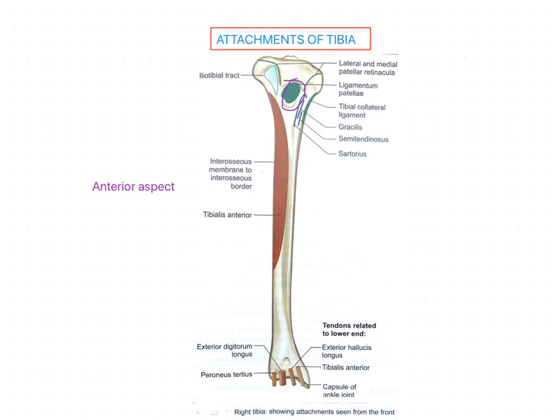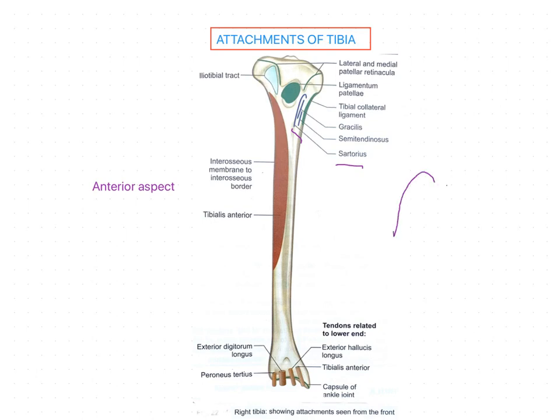If you see the insertions on the medial aspect, here you can see three insertions. We'll see from the anterolateral part to the anteromedial side. The first one is the Sartorius. It appears like a hockey stick.